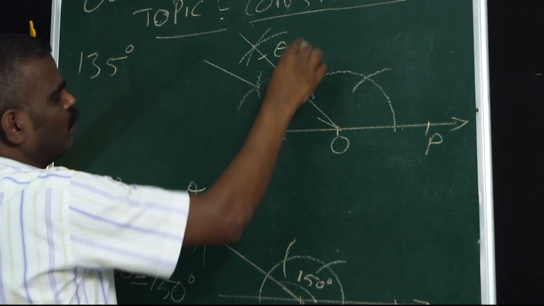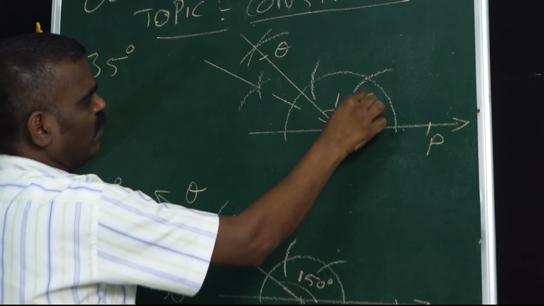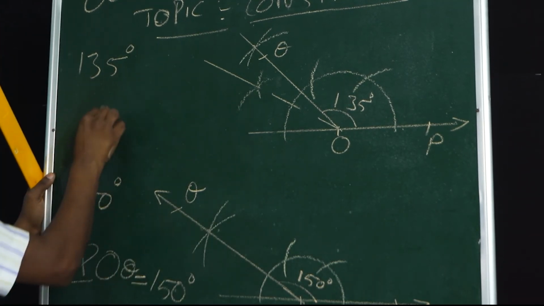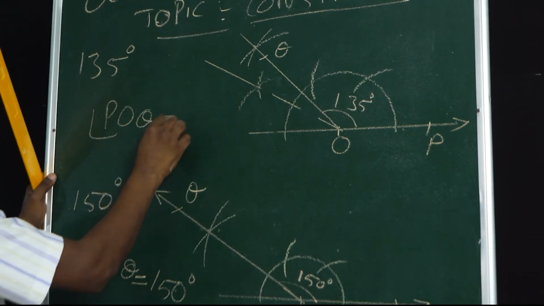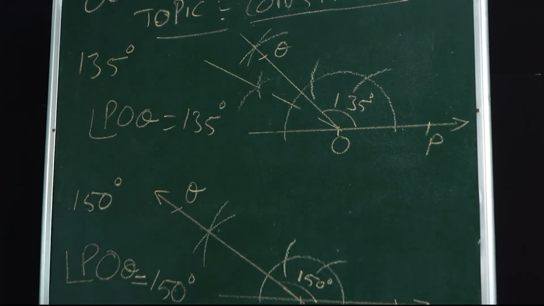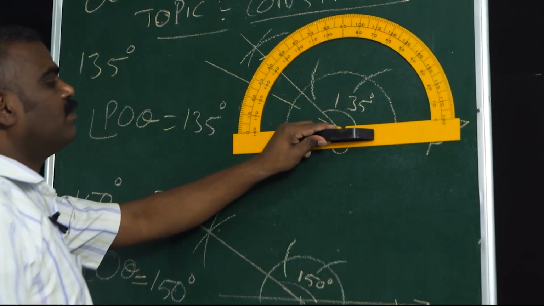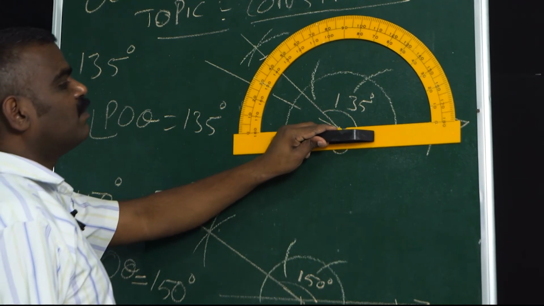This is Q. How much? 135 degree. Angle POQ is equal to how much? 135 degree. Let us check whether it is 135 degree or not. Take your protractor. Yes.